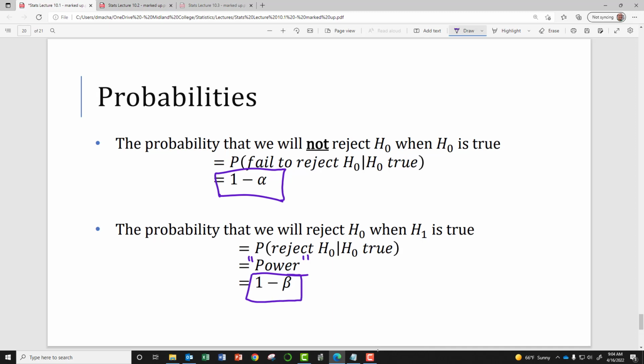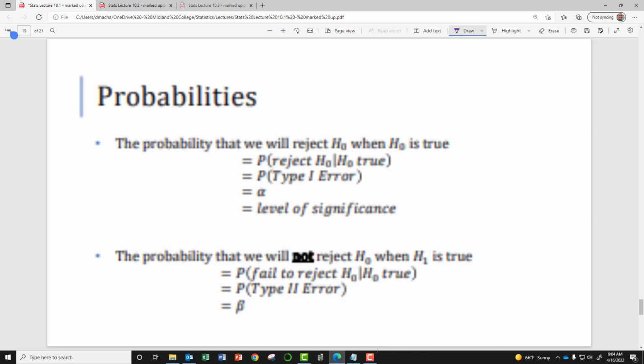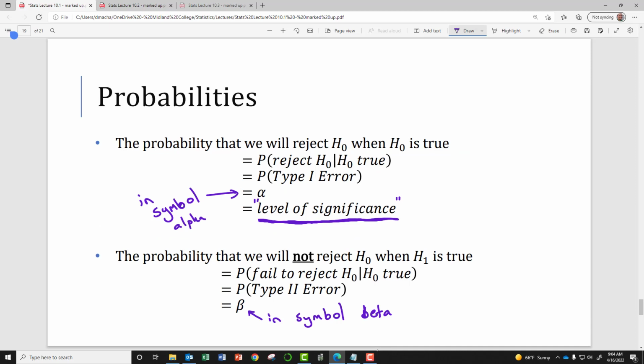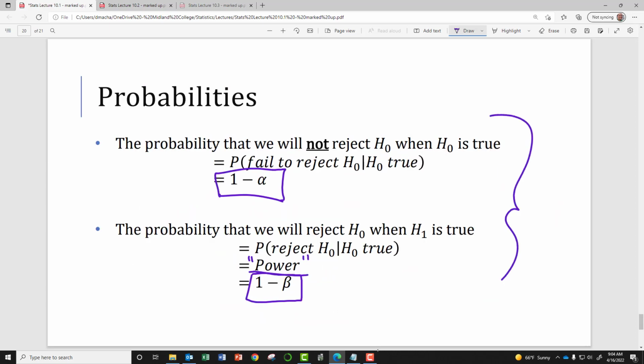And the formula for power is going to be 1 minus beta, where we defined alpha and beta the way we did on the previous slide. So these are the probabilities that we are wrong in different ways. And these would be the probabilities that we are actually correct in 2 different ways, right?